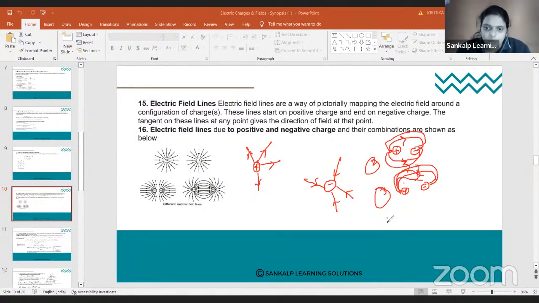That is your fourth property. Because each electric field line is telling you the direction of that electric field. Therefore, they never intersect with each other. Okay. So first, second, third, fourth. These are the four important properties related to electric field lines.